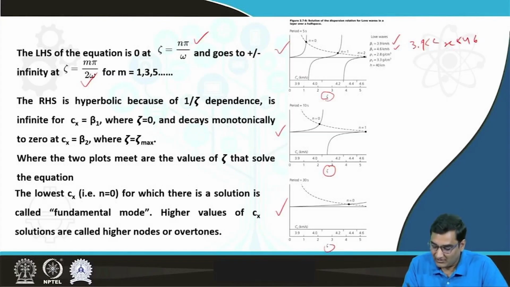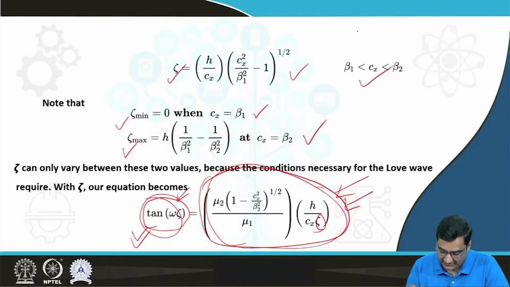Likewise, you can see the density of the low velocity layer is 2.8 gram per centimeter cube, and the density of the half space is 3.3 gram per centimeter cube, and the thickness of the low velocity layer is 40 km. So using all these parameters, we can find out this particular term here, right?